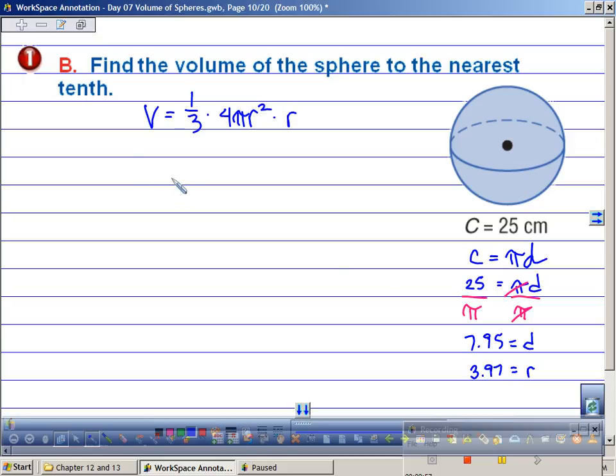That's all we need. 1/3 times 4 pi 3.97. At this step right here, I just need to put cubed because I already see it. Right? Why write it out again?